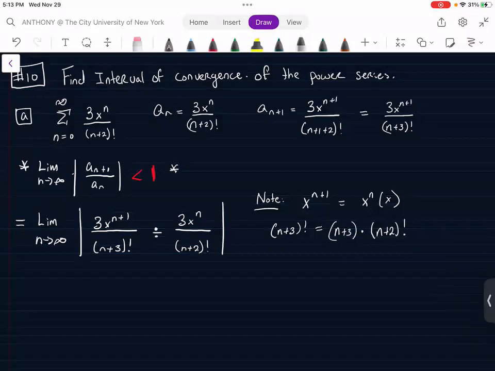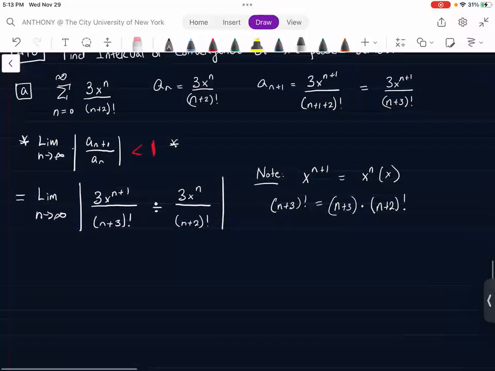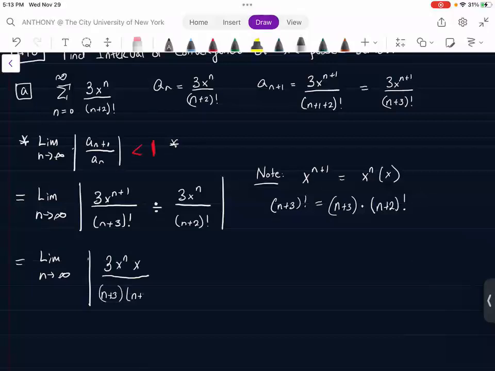The reason I made these notes on the side is that ultimately I want to simplify what's inside of this absolute value. First, I change the division to multiplication and flip the second fraction. So we'll have 3x to the n times x divided by (n plus 3) times (n plus 2) factorial, times, taking the flip, (n plus 2) factorial now on top and 3x to the n on the bottom.